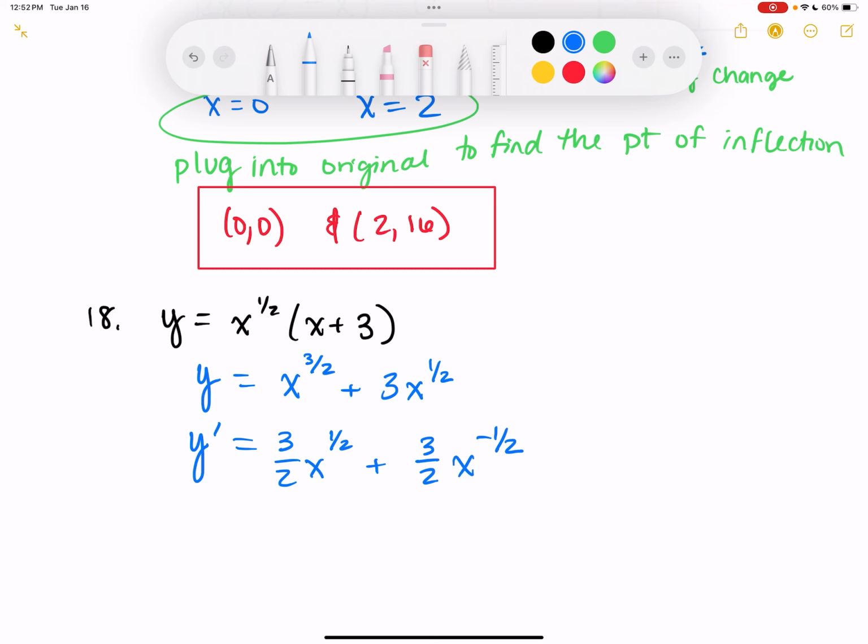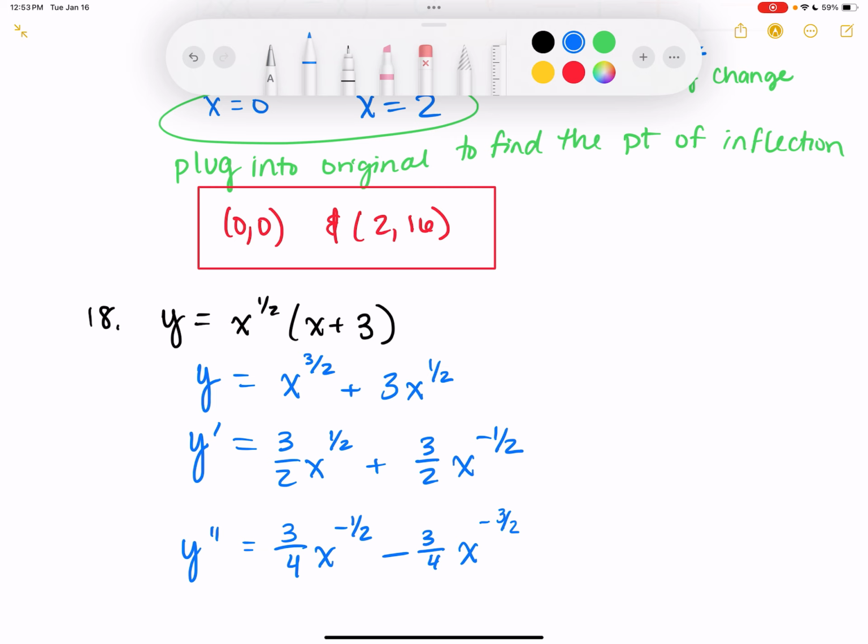Now you have to take the second derivative. So, in theory, this would be 3/4 x to the negative half plus negative 3/4 x to the negative 3 halves.